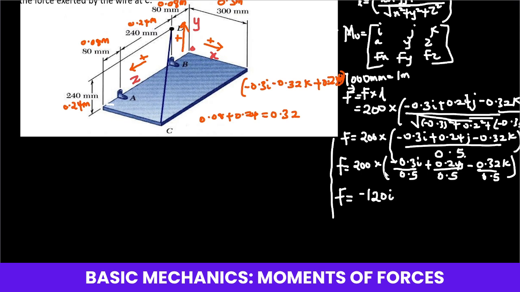Then we are having this 200 multiplied by 0.24 on 0.5, and we're going to have this to be our positive 96 here. Then lastly, we have this 200 multiplied by 0.32 on 0.5, and we're going to have negative 128, right?